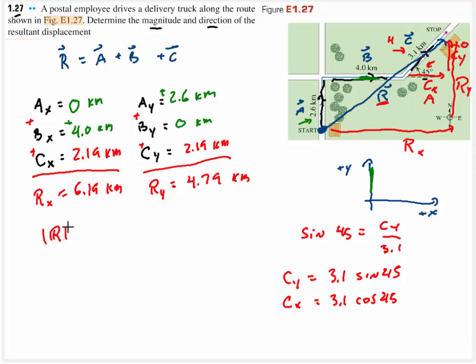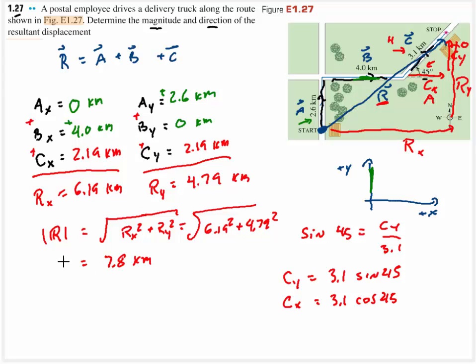So the way we get that, the magnitude of the resultant is going to be Pythagorean's theorem. So Rx squared plus Ry squared. Go ahead and I'll just write this guy out. So 6.19 squared plus 4.79 squared. And that's going to work out to be 7.8 kilometers.